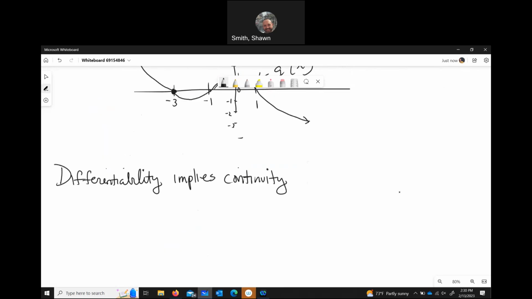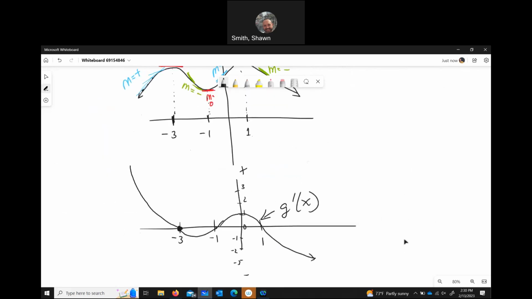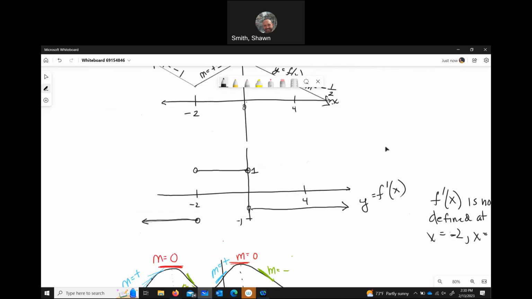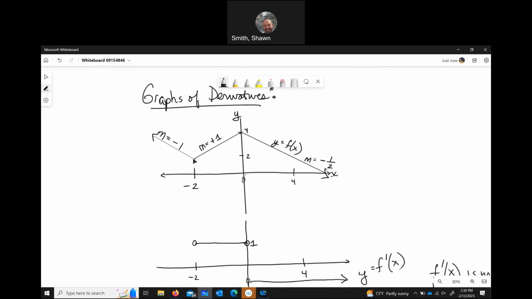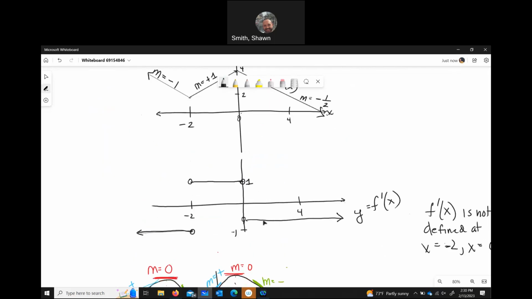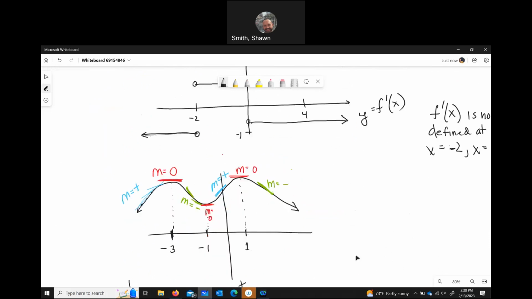Now, just because it's continuous doesn't mean the derivative always exists at certain points. We just saw that with those sharp points. I can go back up. The derivative did not exist at -2 and at 0 for these, right? Because that is a sharp point, sharp turnaround. But the function is continuous.